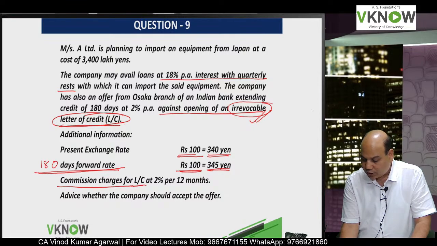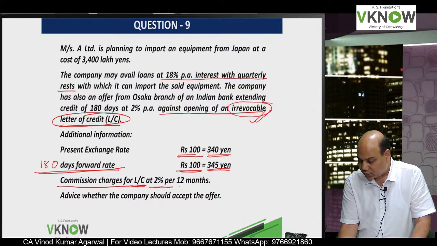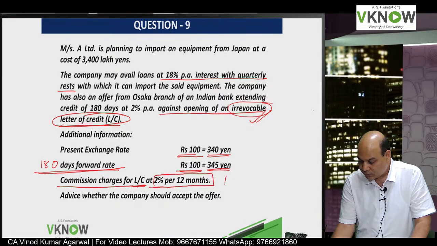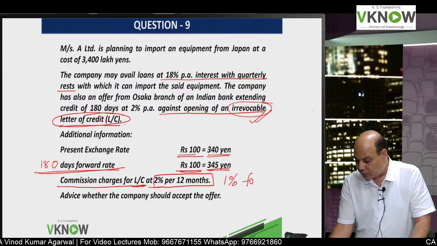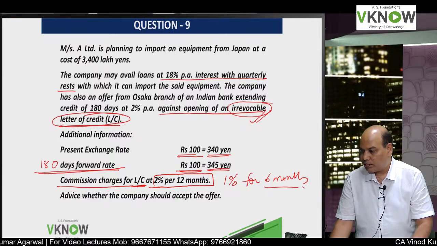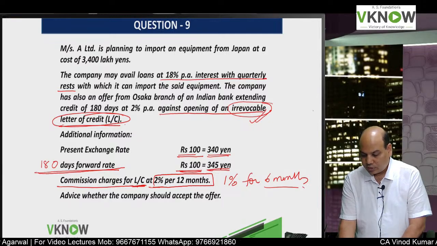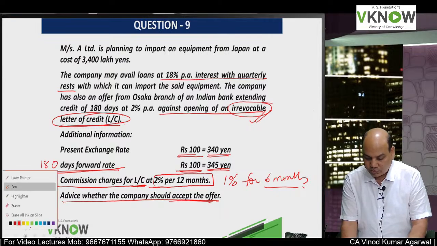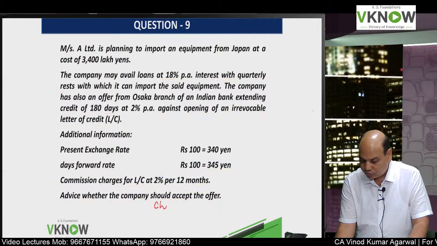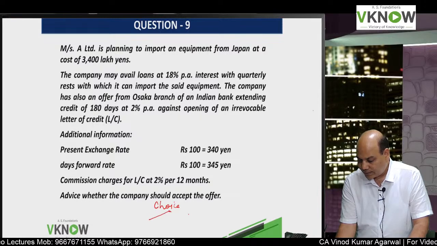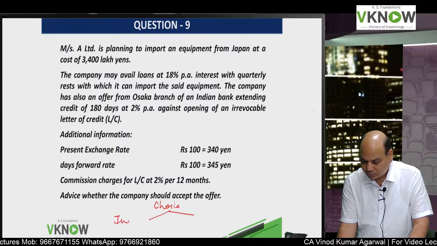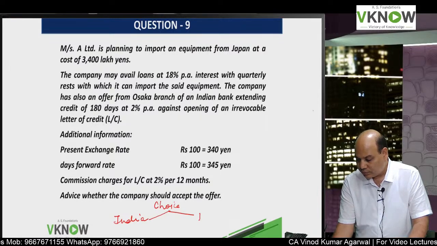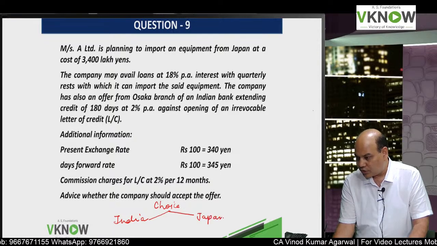Commission charges for letter of credit is 2% per 12 months, so 1% for 6 months. Advise whether the company should accept the offer. So basically you have to make a choice. Choice is borrow in India or borrow in Japan.